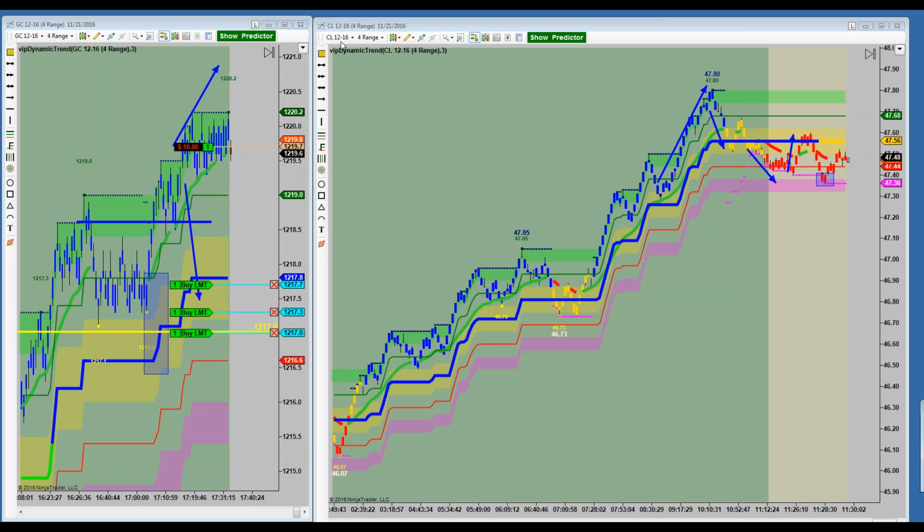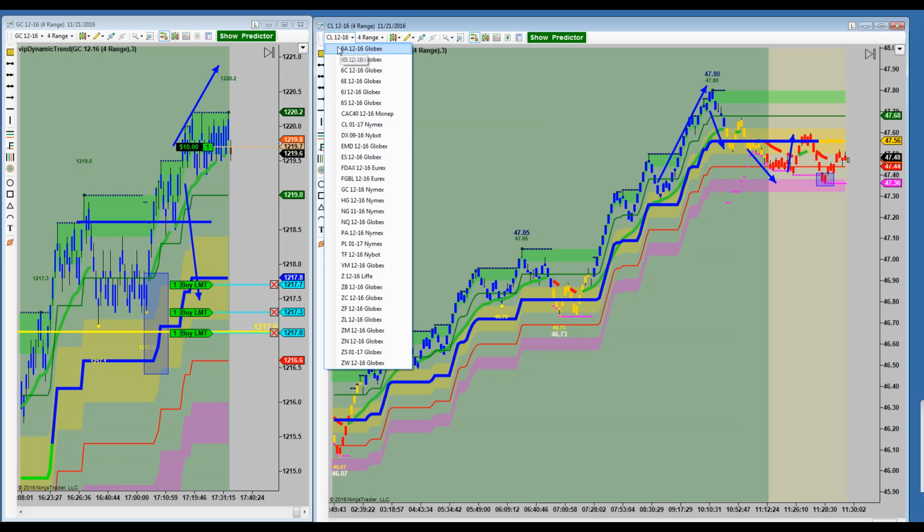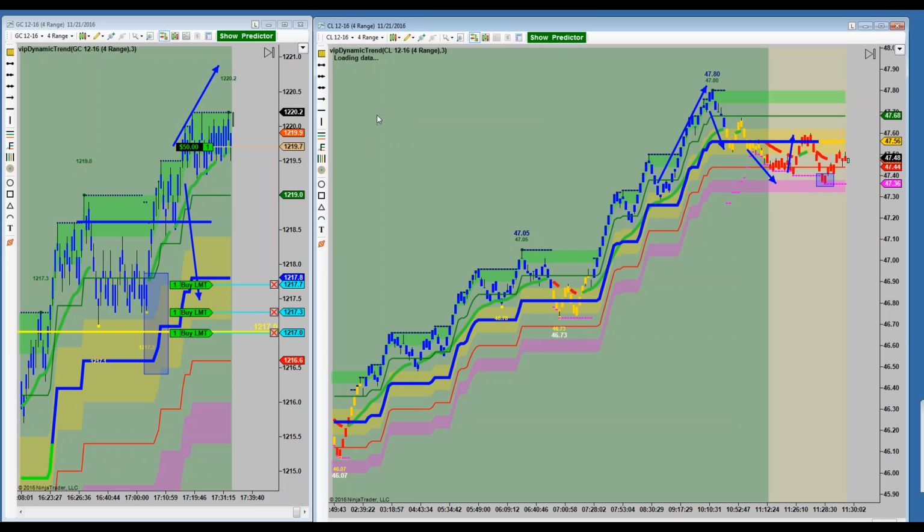You come back into your chart and you put the new crude oil on here like this. Give it a second to load. Should load up for us here.